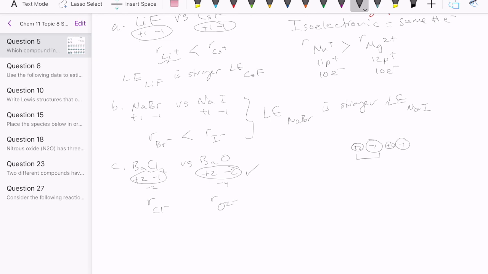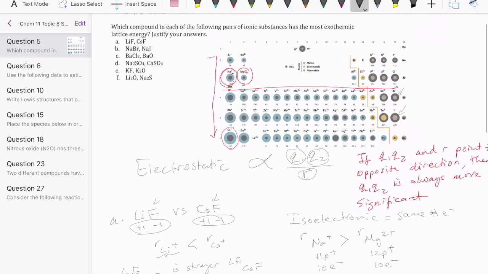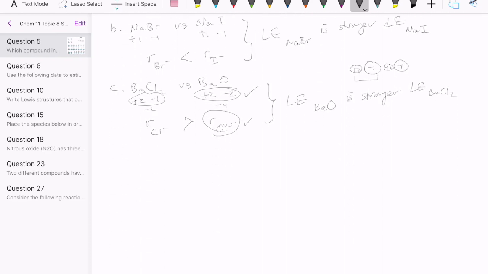Well, chlorine is below oxygen in the periodic table, so it's going to be bigger. The oxide is smaller, that means that's also stronger. So we're going to pick this one as the stronger one. So you can see that both check marks tell us that the lattice energy of BaO is stronger than the lattice energy of BaCl2.